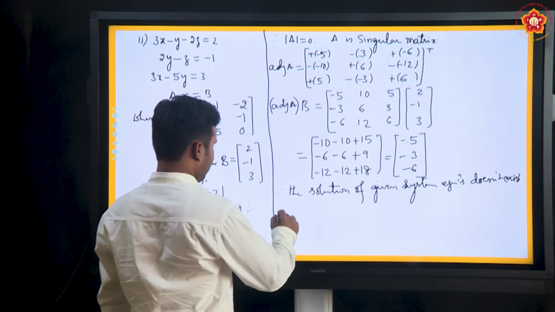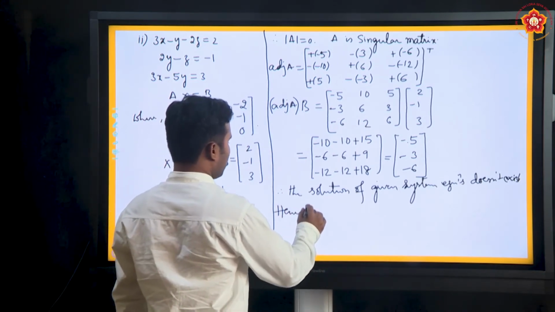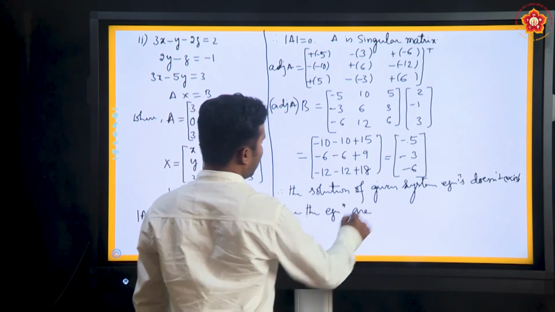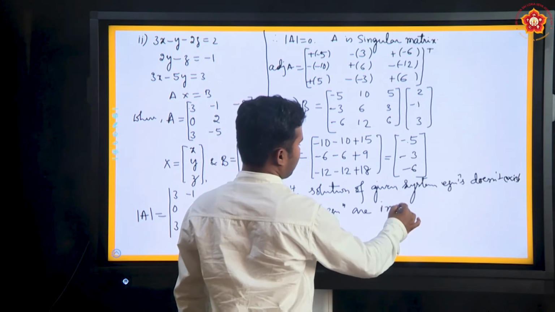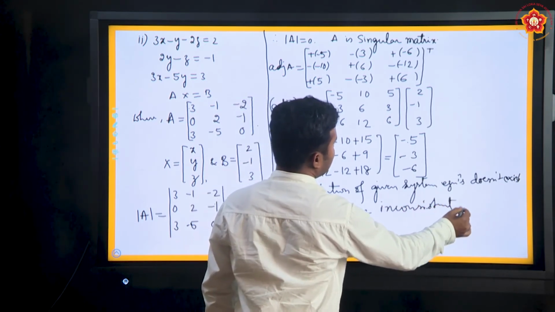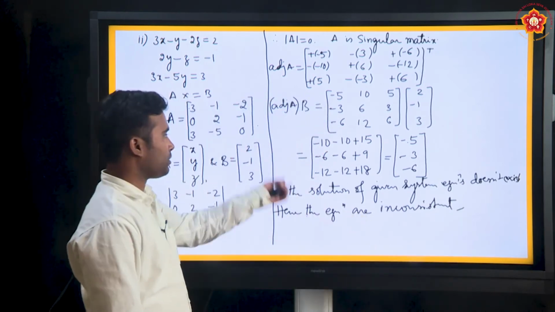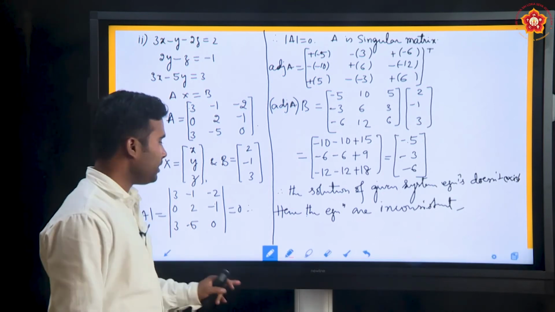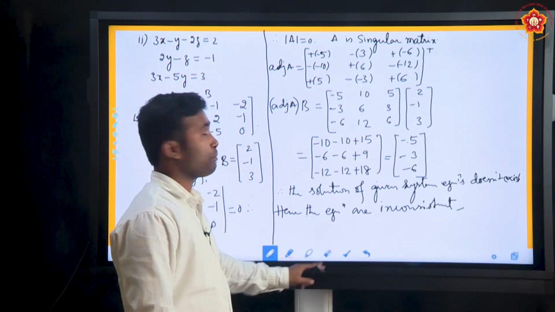Hence we can say the system of equations are inconsistent. Understand? Okay. So therefore the given system of equations are inconsistent. Understand? Hope you understand.